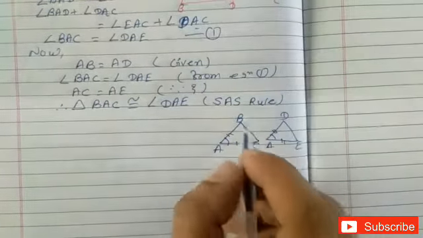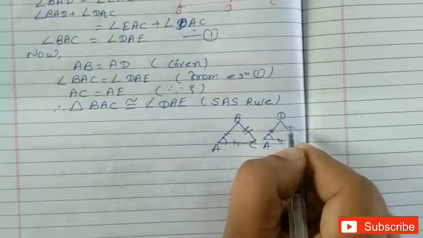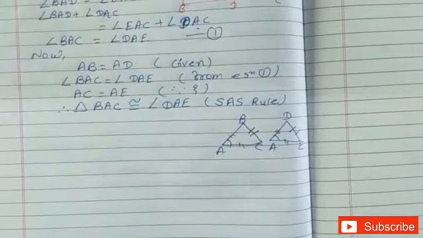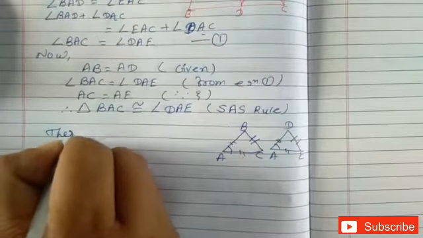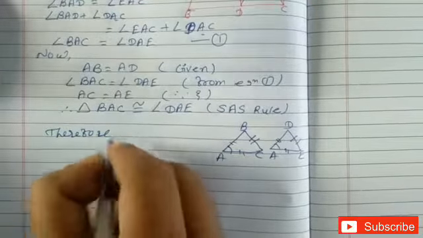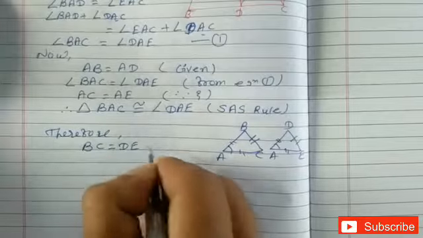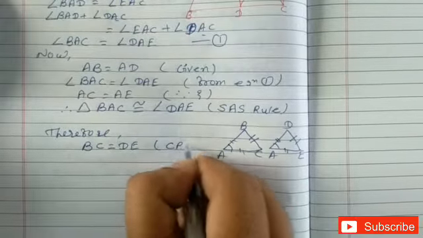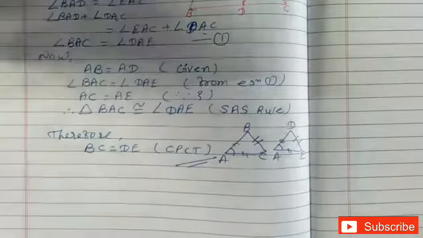That's why BC is equal to DE by CPCT. Therefore BC is equal to DE by CPCT. So this is the solution of our first question.